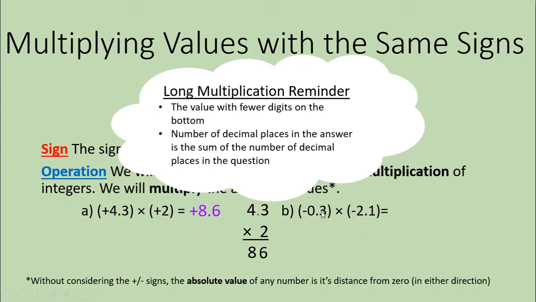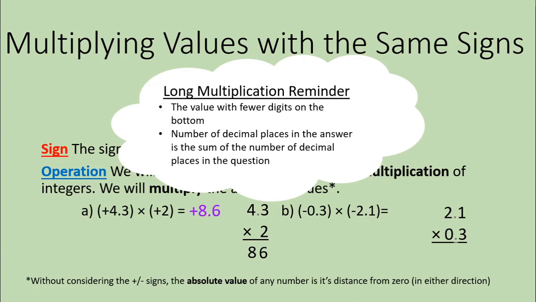It looks like both of these values have 2 digits. But negative 0.3 has only 1 digit, which is not 0. And when I multiply any value by 0, I get 0. So this is an easy one to work with, as there's only 1 digit that I really need to multiply through. So let's go ahead and set that up.